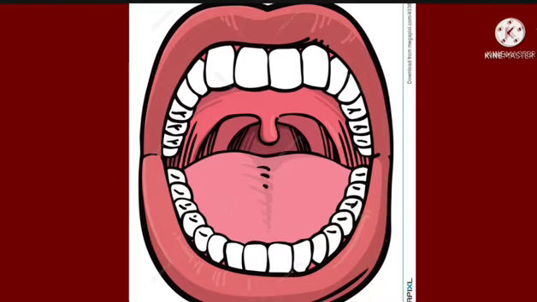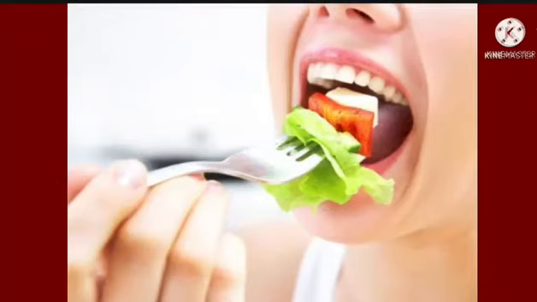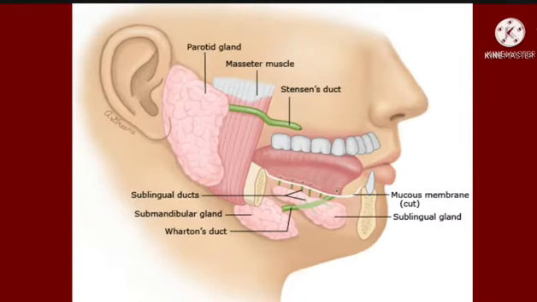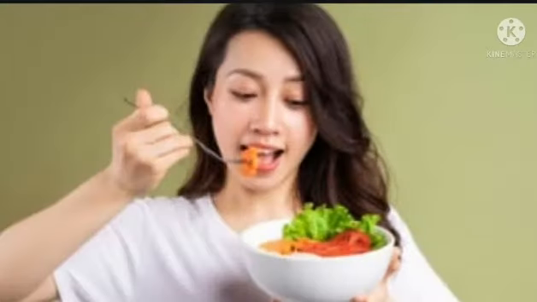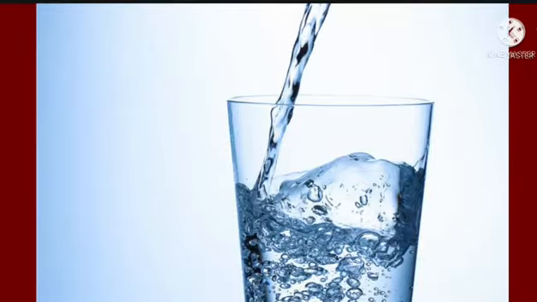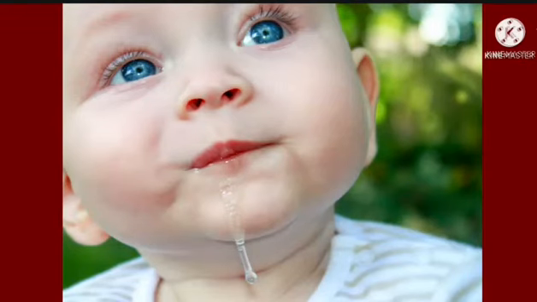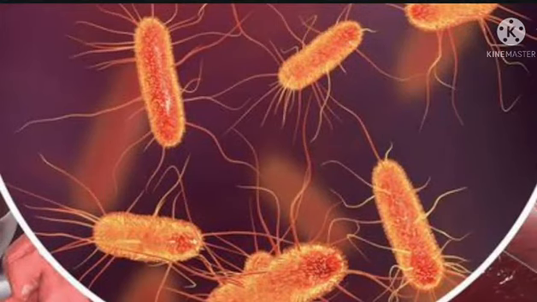The smell, sight, and taste, as well as the mechanical stimulation of food in the mouth, trigger a reflex action which results in the secretion of saliva. The mechanical digestion starts in the mouth by grinding and chewing of food. It is called mastication. Our saliva contains water, electrolytes, salivary amylase, antibacterial agents, and lubricating agent.